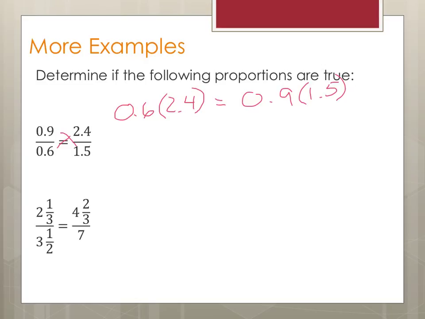Alright, so I'm going to do a little bit of cheating here, since in DMA 30 we're allowed to use a calculator, so I guess it's not really cheating since we're allowed to. Let's find these cross products. 0.6 times 2.4 is going to equal 1.44. Does that equal the second cross product? Our second cross product is 0.9 times 1.5, and that equals 1.35. So these cross products are not equal. This proportion is going to be false.